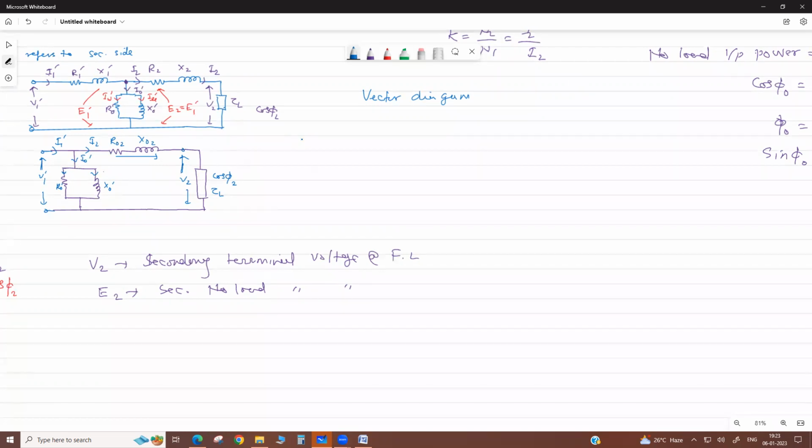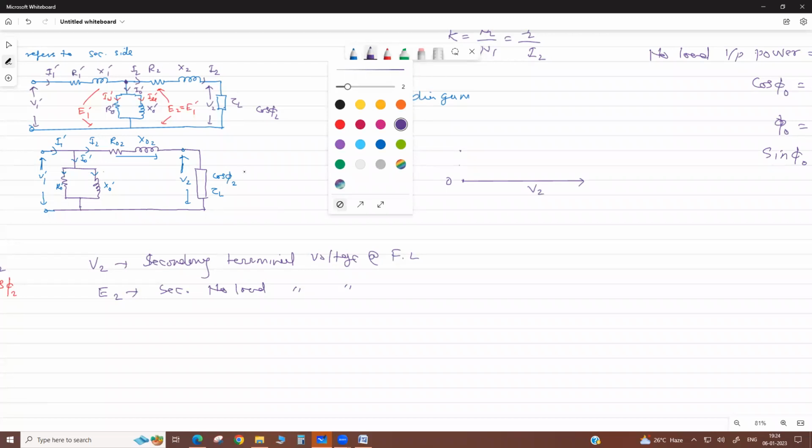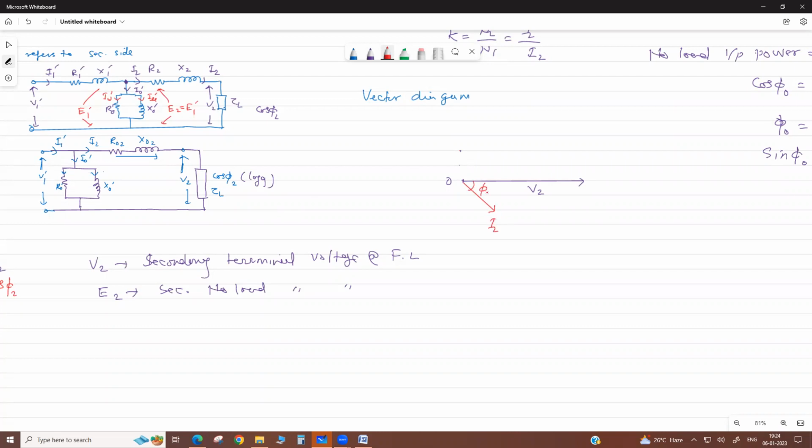Now we take V2 as the reference vector, with O as the center. Suppose the power factor is lagging, so the load current I2 lags V2 by phi2.